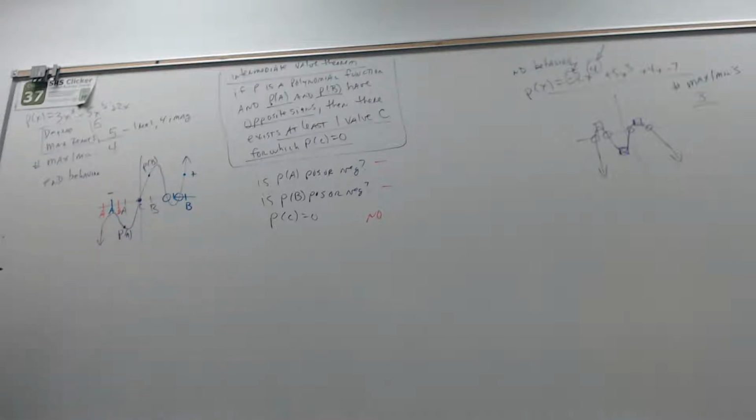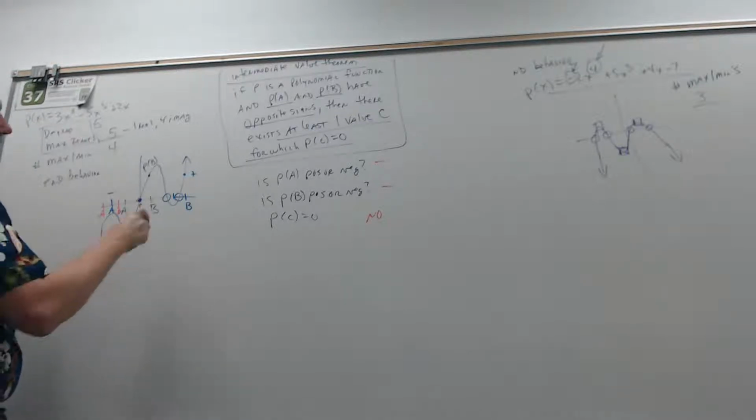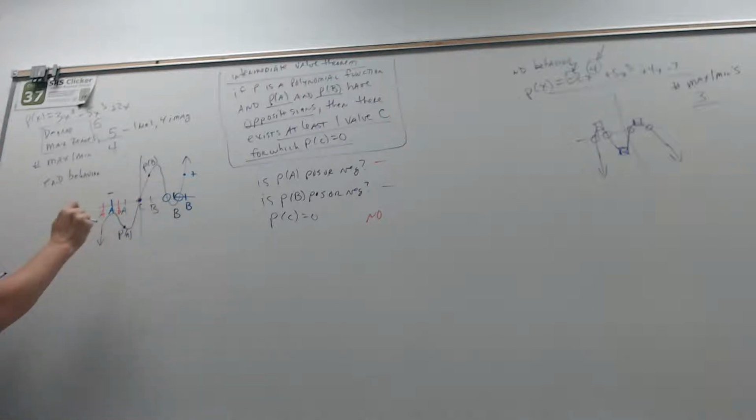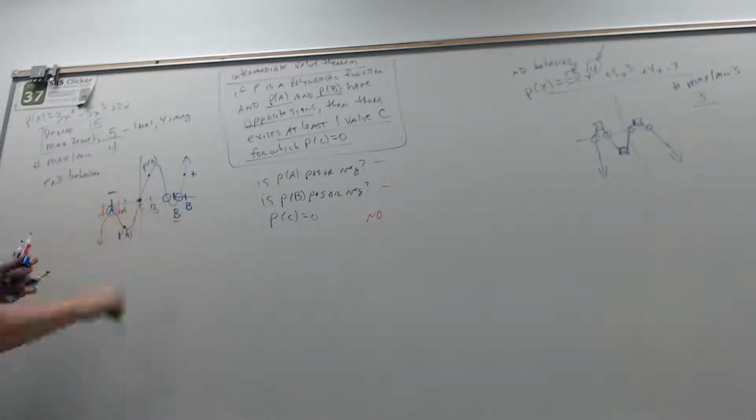The problem is, what if I picked this as my B? If this is my A, it's negative. This is my B, it's negative. It's hard to know if there is a 0 in between those because they're so far apart, right?